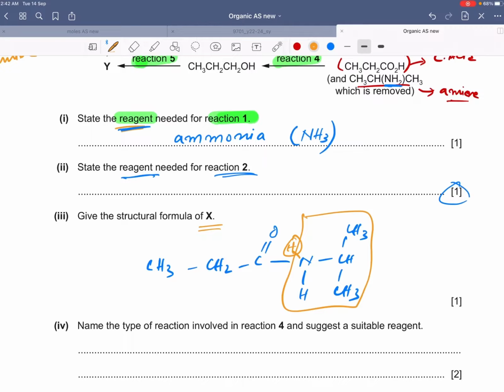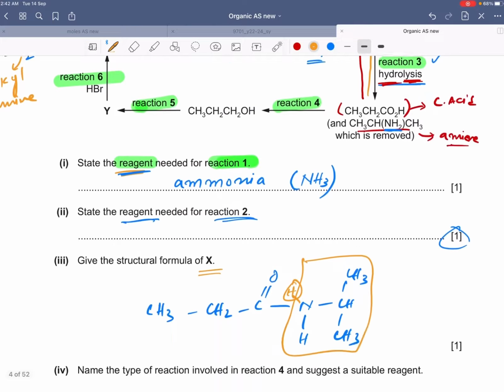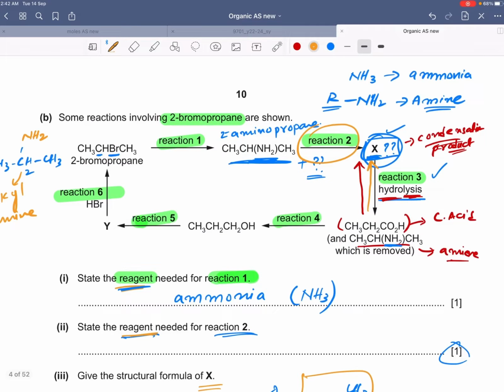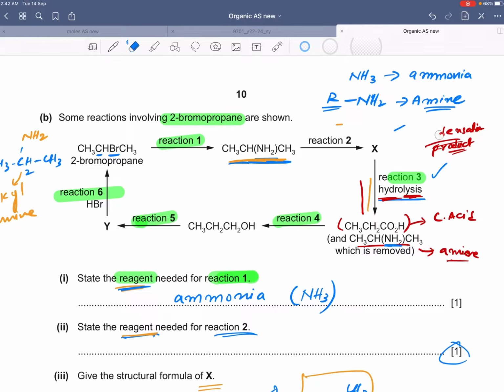So now we have X, and let's work out the reagent needed for reaction 2. Let me erase these things first, because what we are going to discuss next is really important.